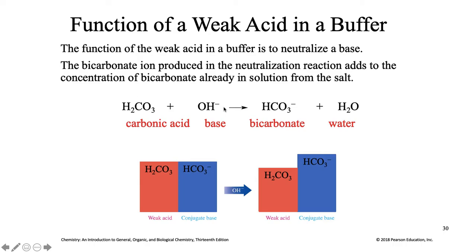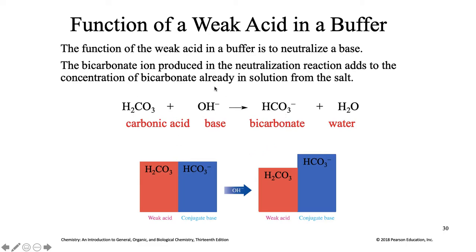It's going to react with it to give me water and a little extra bicarbonate, not the initial amount, but a little more, because it reacted with the OH minus that was added. So effectively, it neutralized the OH minus. It took care of these ions because it produced water and a little bit of its conjugate base.